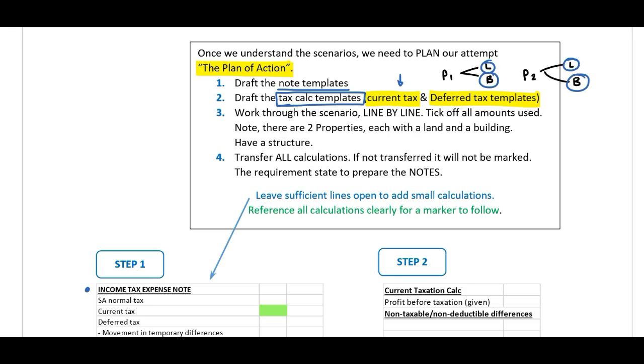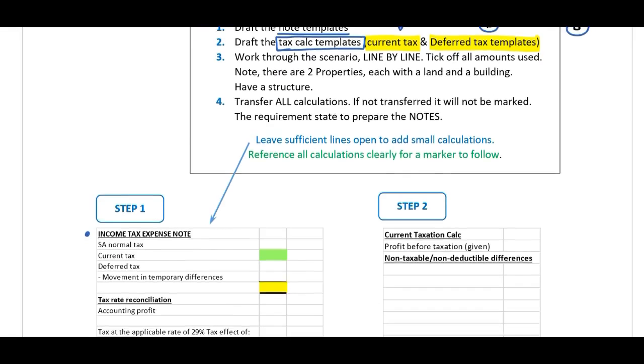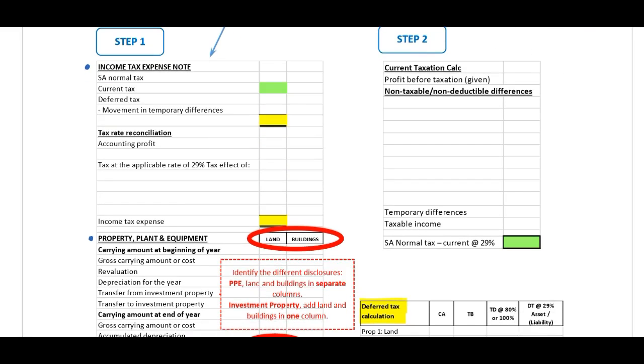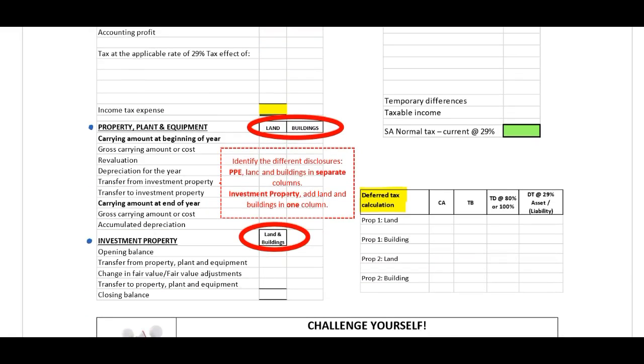Therefore, on the right side of the screen, current tax calculation at the top, and then my deferred tax calculation: property 1, land, property 1, building, property 2, land, property 2, building. Very, very important. My suggestion, start on a new page for each of these. Leave sufficient lines open.